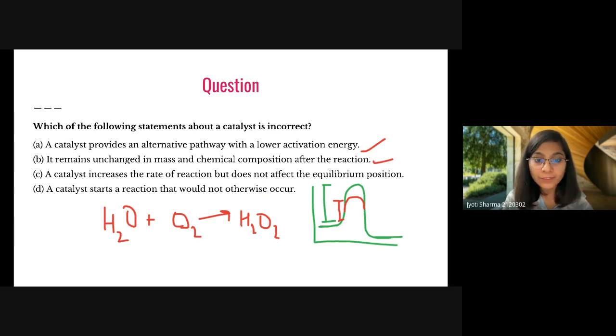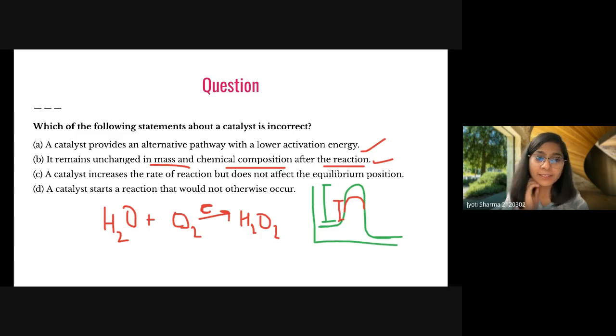And if we have some catalyst here, no doubt this catalyst will be involved in the reaction. This will speed up the process, but it will not change. It will not change in mass and even the chemical composition after the reaction. So this is again the right statement.